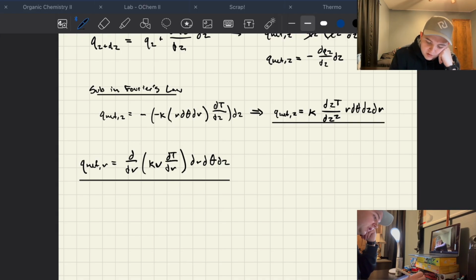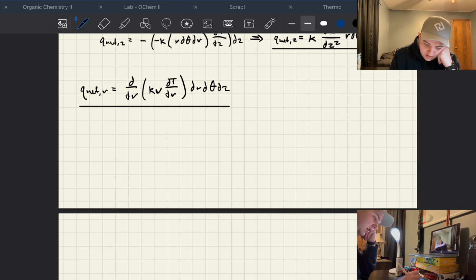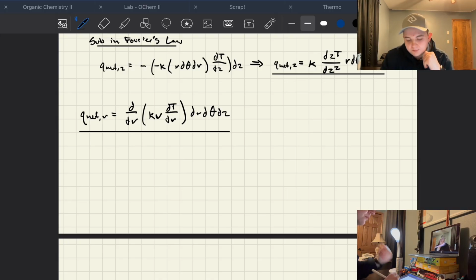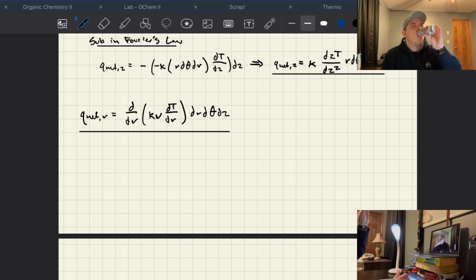And then our q net theta is going to be a little more intuitive, take a little bit more work.